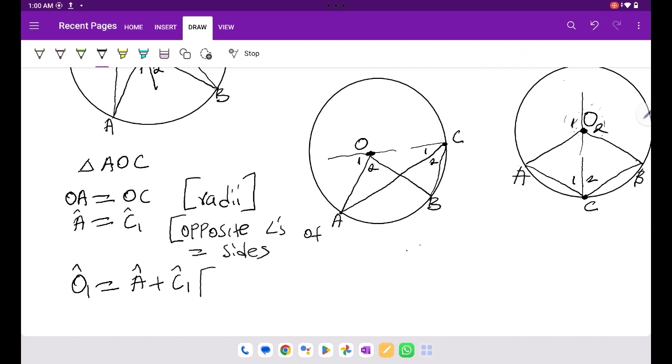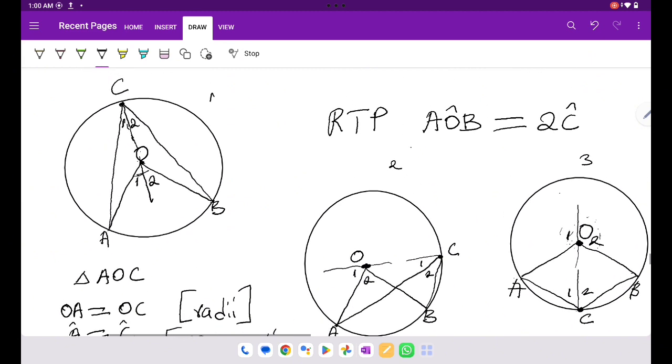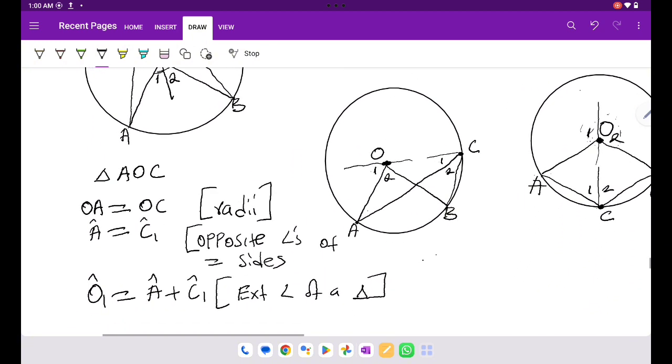Right, and we must give a reason. It's an exterior angle of a triangle. So you can look at it in diagram number 1, O1 equals angle A plus angle C1. Even in diagram number 2, and in diagram number 3, same thing, O1 equals angle A plus angle C1. So it's an exterior angle of a triangle.